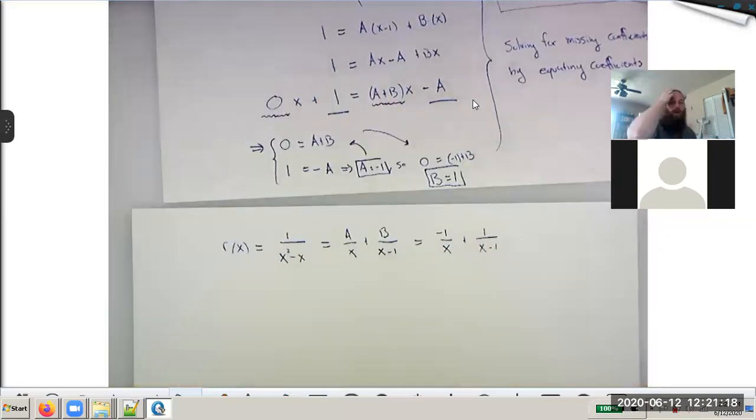And you can check, if you add those fractions, you will get 1 over x squared minus x. You have to have a common denominator, and then put them together, and it will come out to r of x. It will come out to 1 over x squared minus x.